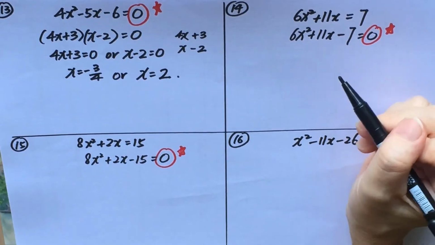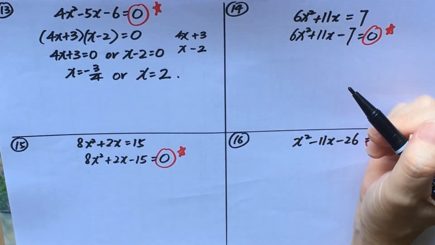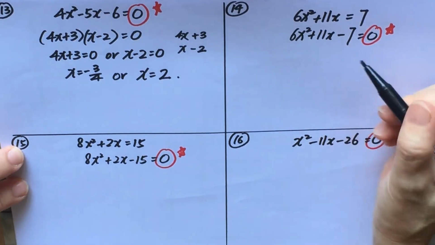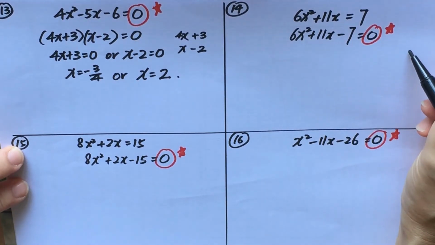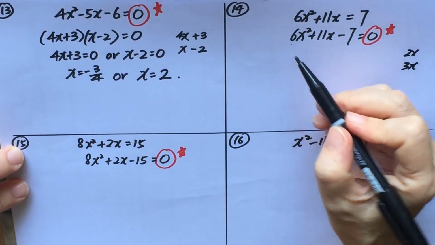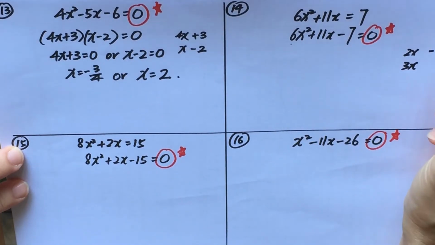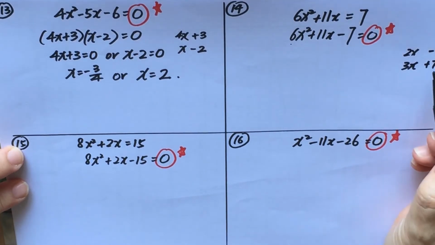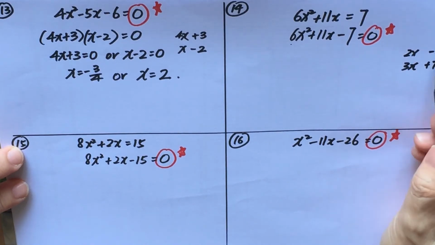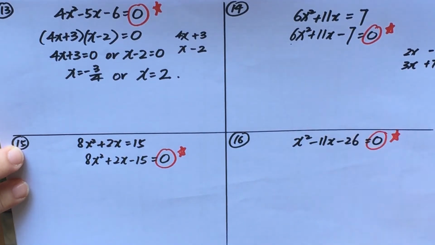Okay, for this second one, we are going to factorize it, right? So let's try, maybe we have 2x with 3x, that will make the 6x squared. Okay, maybe we put a negative 1 here and a positive 7 here. Why so? Because 7 times 2x is 14x, minus 3x, so you get 11x.